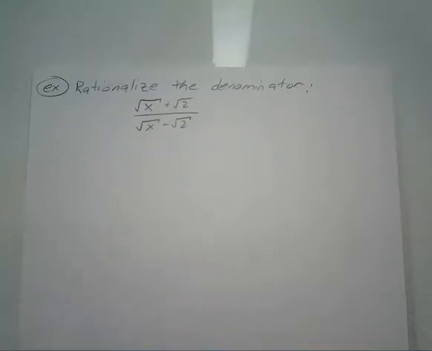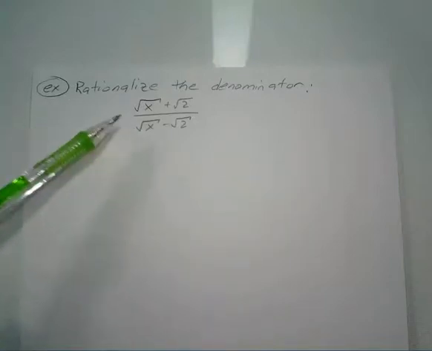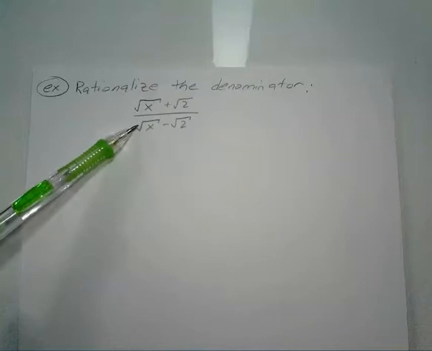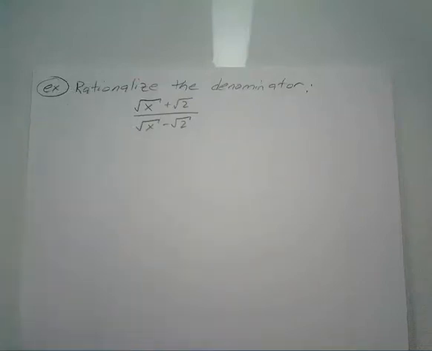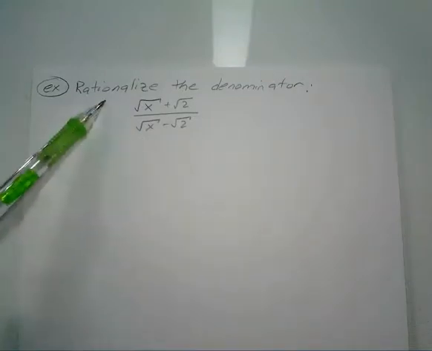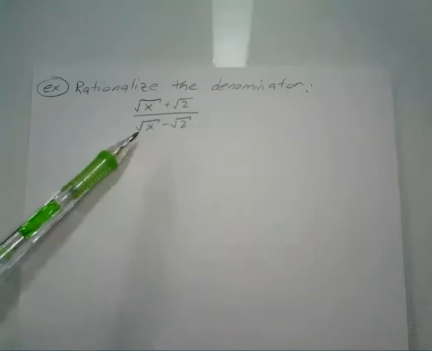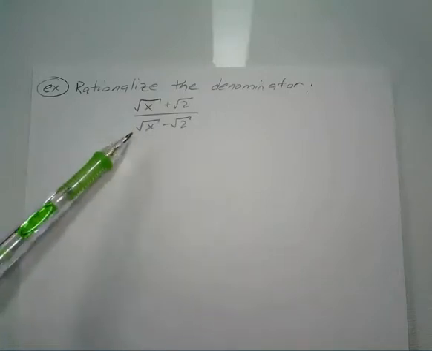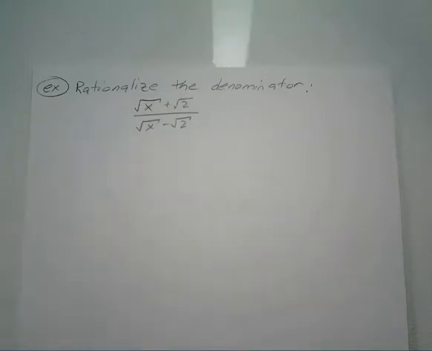Now the thing about this is, you may see the question say divide this, you may see it say rationalize the denominator, you may see it say simplify. All of those are just the same thing. Okay, when you see a division problem, whether it says divide, rationalize the denominator, it all means remove any and all radical symbols from the denominator.